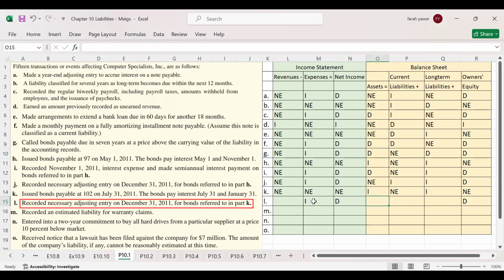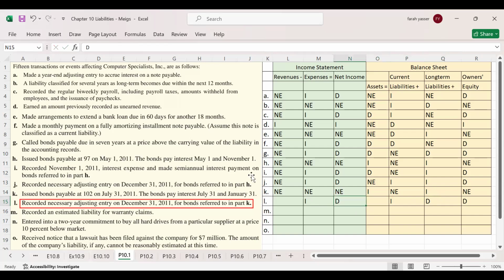Interest payable is a current liability. So current liability will be increased, and amortization of premium on bonds payable basically decreases the expenses recognized. So long-term liabilities will also be decreased in this case.